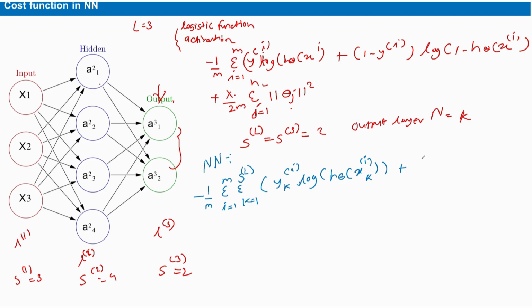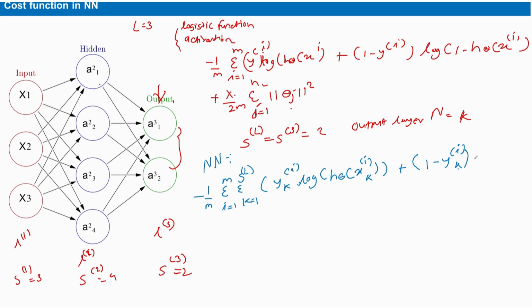Then plus (1 minus y_k^(i)), which again denotes 1 minus the ground truth for the ith example at the kth neuron in the last layer.